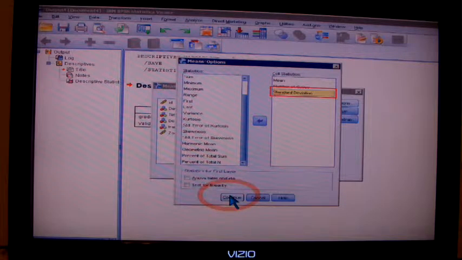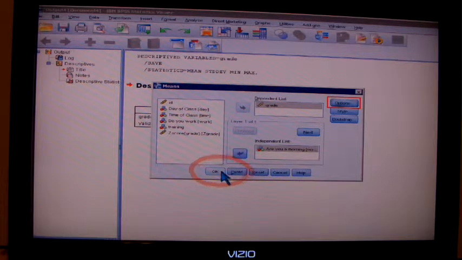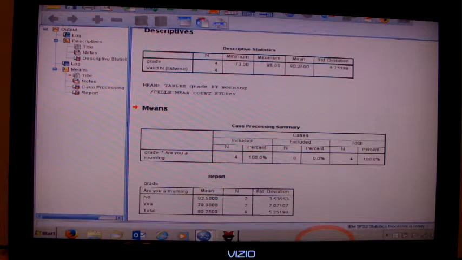So we're going to click continue, and then we click OK. And notice, this is the same as in your book, on the bottom of page 27, and the number of participants is 4. It's the same numbers as what's in your book, okay?